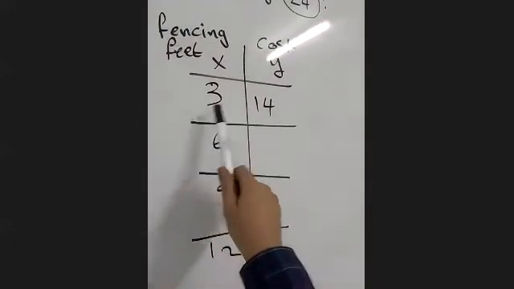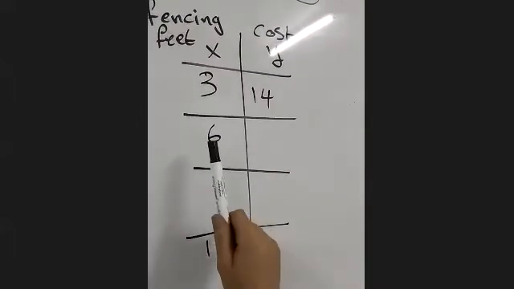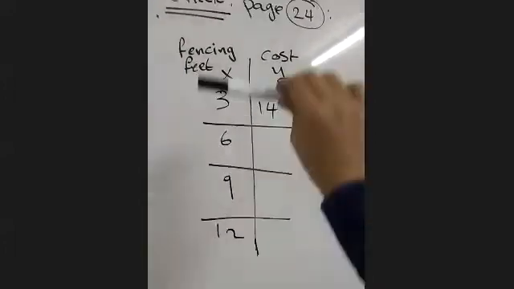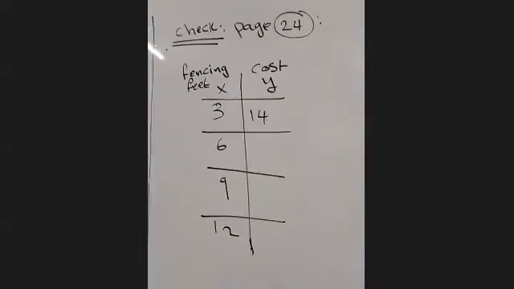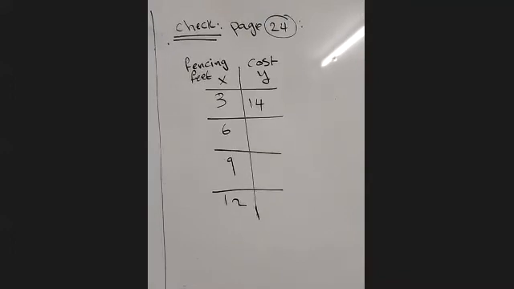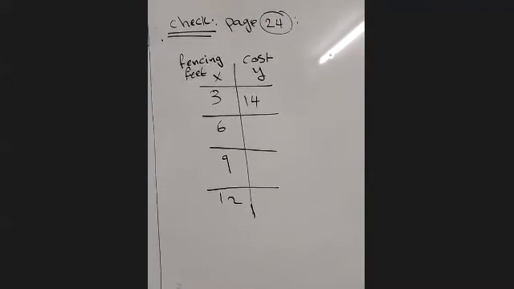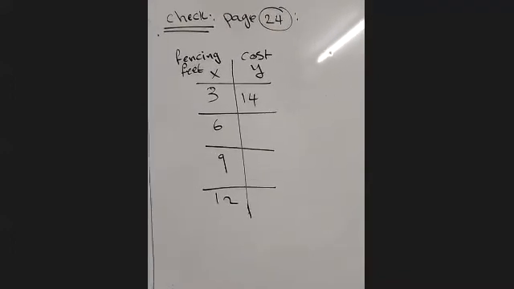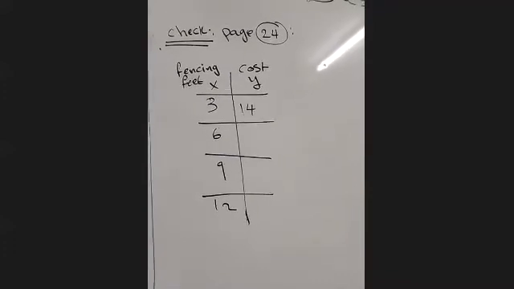So every 3 is 14. Who can tell me what's the 6? You can make this table, guys, beside the question. Yalla, this is the table. Make it quickly. Okay. Guys, if you don't have questions, remove your hands.